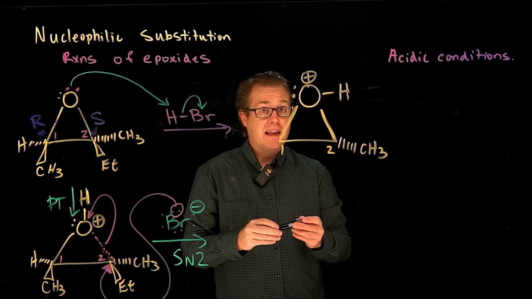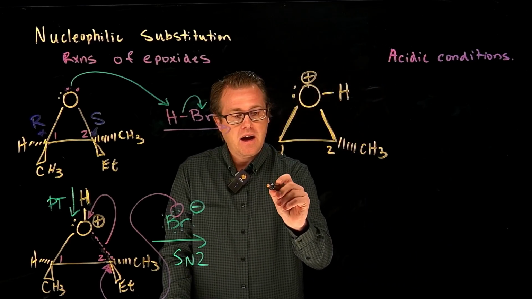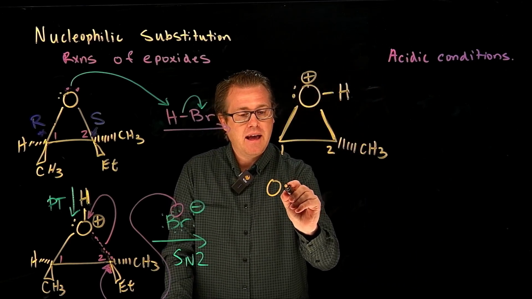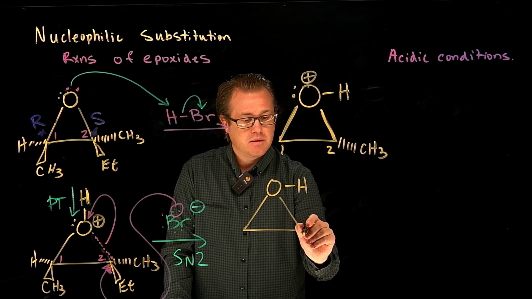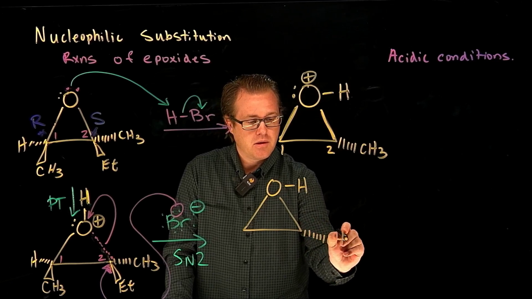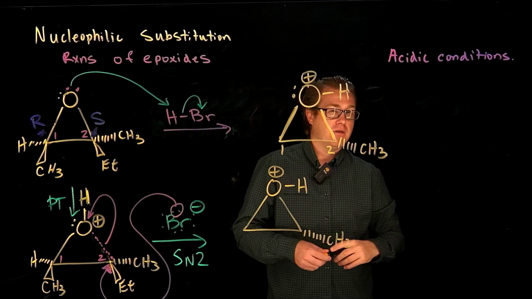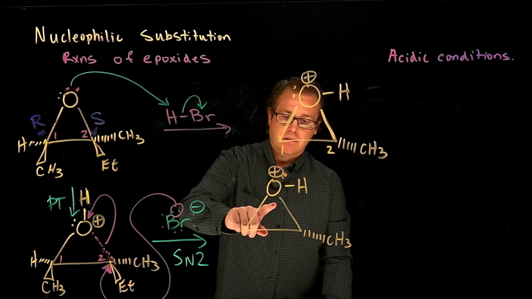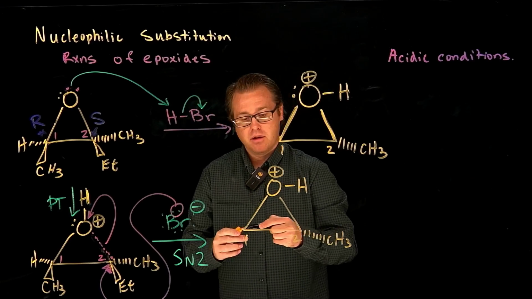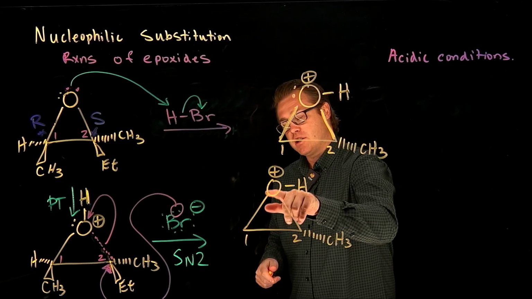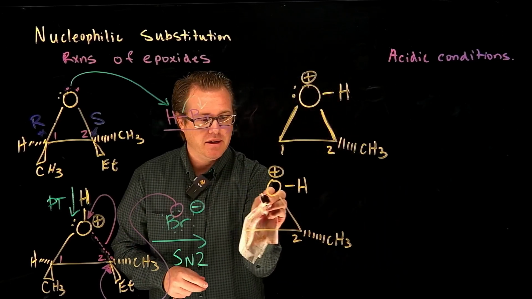Well, let's just think about it in this way. What if I take that epoxide, draw it again, okay, this is not what happens. This is just all hypothetical. Okay? If we break the oxygen carbon 1 bond, let's say if we just completely break it after it gets protonated.